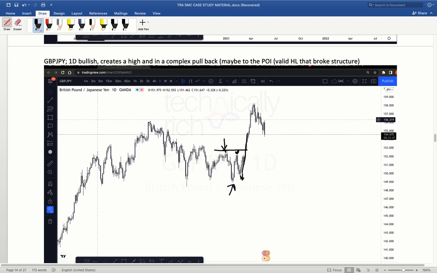So yes, now that the structure is broken, we are looking for a point of interest, which is going to be around here. Okay, it's going to be around here. So our point of interest. So we look to find a refined real order block here.